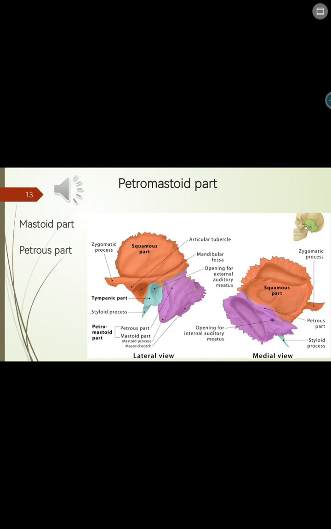In these pictures, we can see two views of the temporal bone, lateral view and medial view. When we see the lateral view of temporal bone, we can see the mastoid part as it is shown in purple. And when we see the medial view in the right picture, we can see the petrous part.